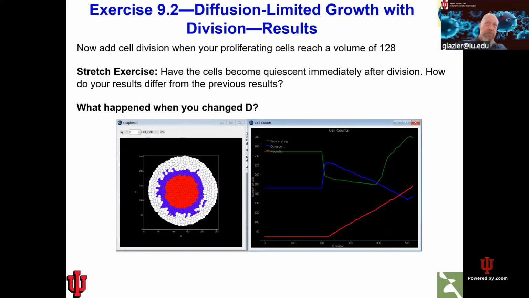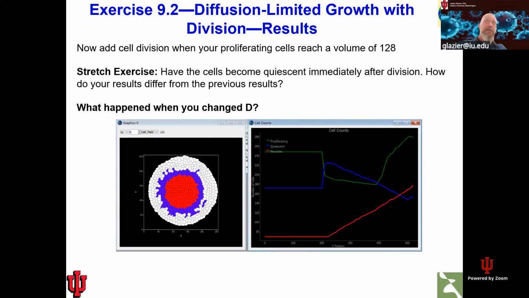If you set the threshold for quiescent to proliferating and proliferating to quiescent to be the same value, then your cells jump back and forth all the time. And so that simulation isn't really realistic. Once the cell's gone into quiescence phase, it needs a higher level to kick it out.